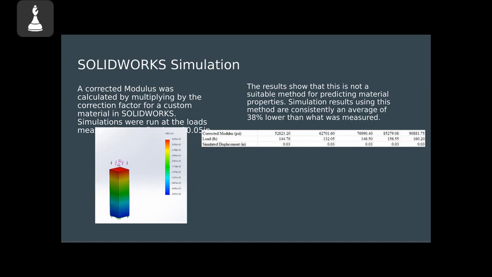We ran that for a couple of cases in SolidWorks, where you place an evenly distributed load on the top, and set a boundary condition for no movement at the bottom. Then we applied the same load that we had measured at the load cell and recorded the displacement of the top.